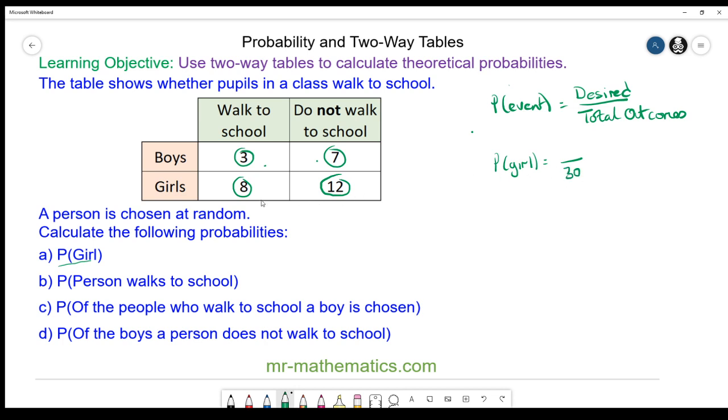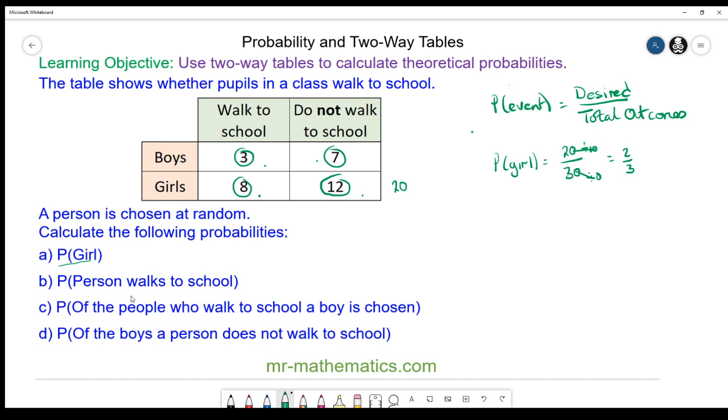And there are 20 girls, 8 that do walk to school and 12 that don't. So in total, that is 20. But we're going to simplify this fraction by dividing both by 10. So that will cancel and that will cancel, and we're left with 2/3.